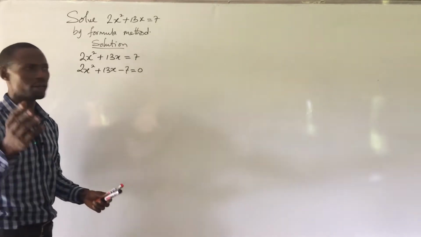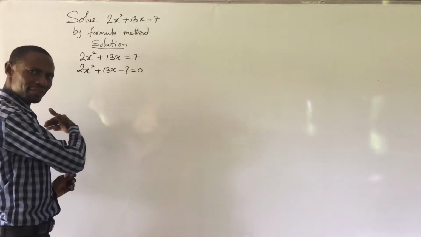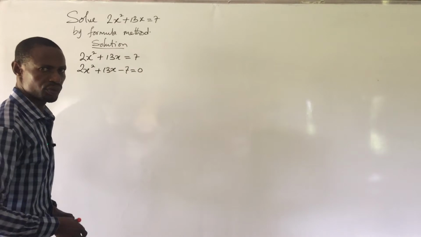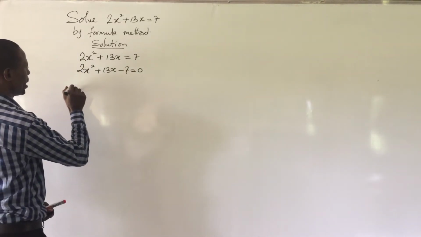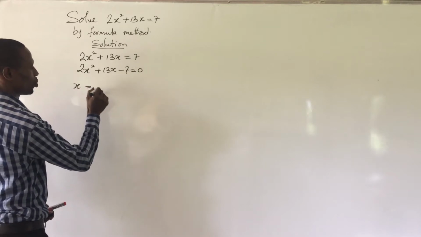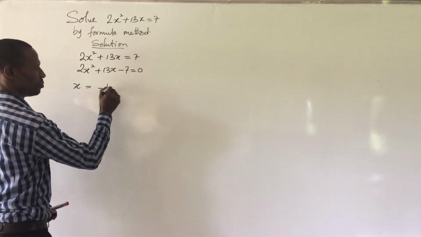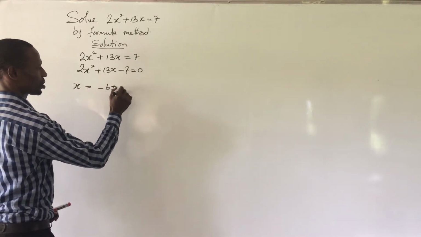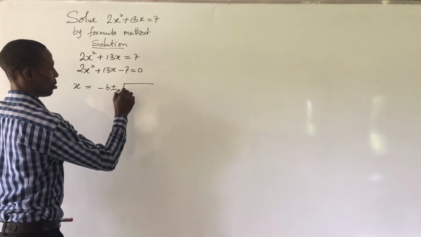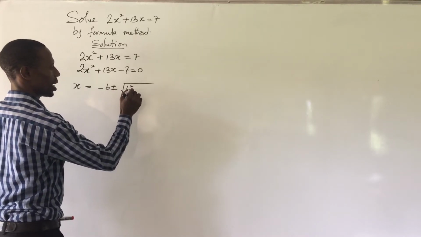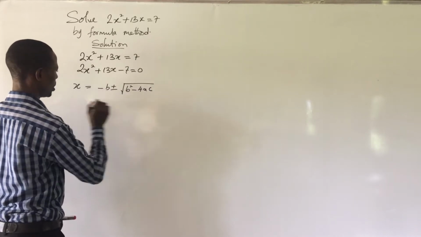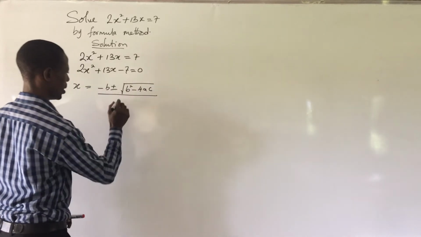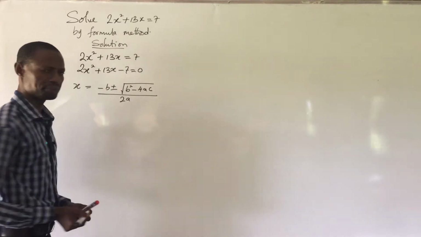Now that we have all the terms on the left hand side, what do we do? We go ahead to bring out our formula. The formula says x equal to minus b plus minus the square root of b squared minus 4ac all over 2a.